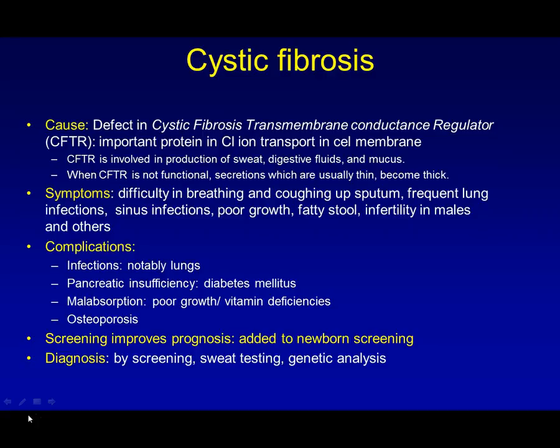The infections are found mainly in lungs and upper respiratory tract, and they lead in the end to transplantation of the lungs. Pancreatic insufficiency is shown in diabetes mellitus risk. Malabsorption is found in poor growth and vitamin deficiencies, notably the fat-soluble vitamins, and related to the poor absorption of vitamin D, there's also osteoporosis.